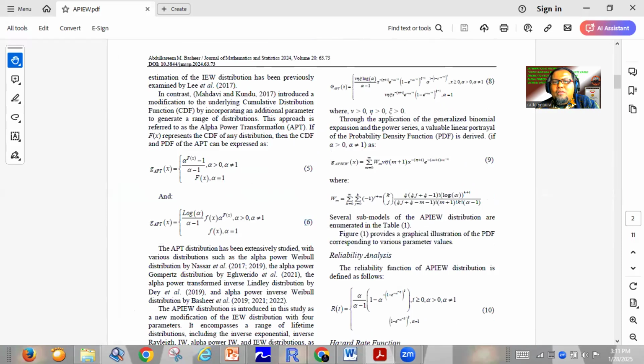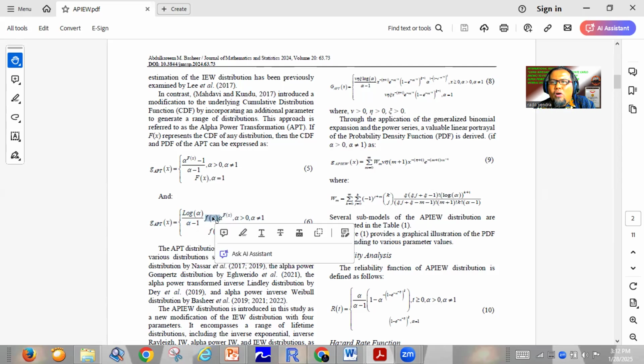The alpha power transformation means we try to produce new probability models by giving one more parameter, alpha.